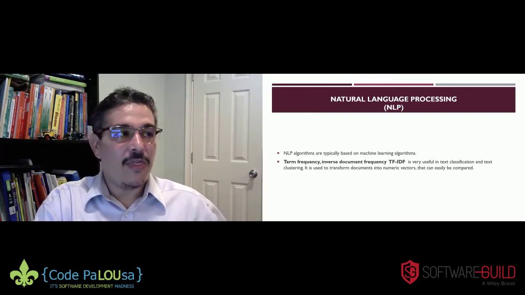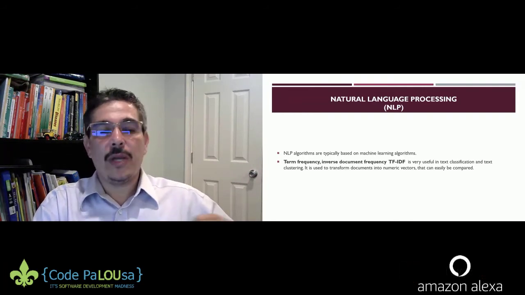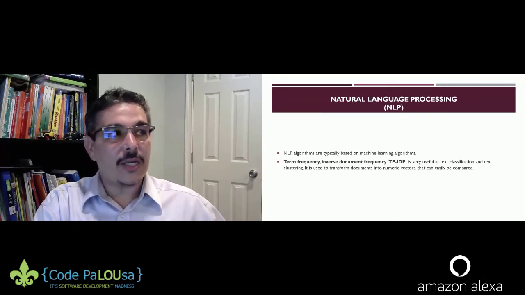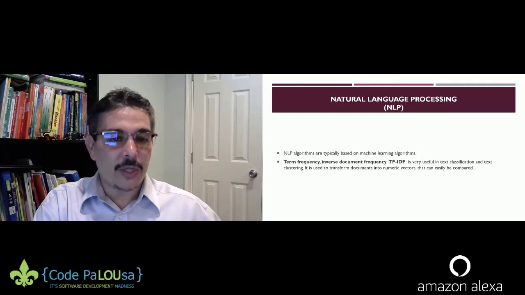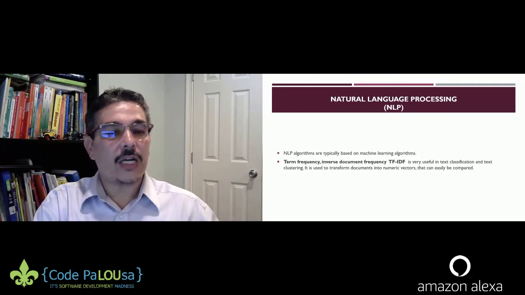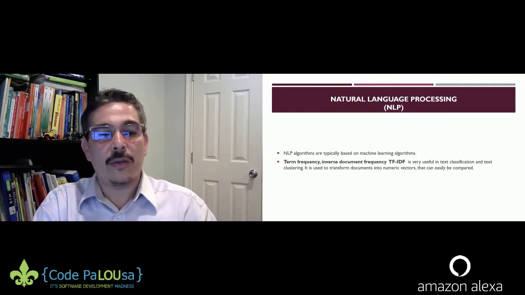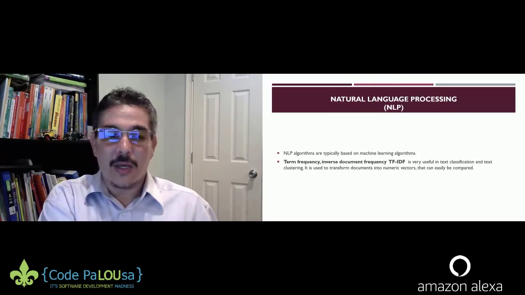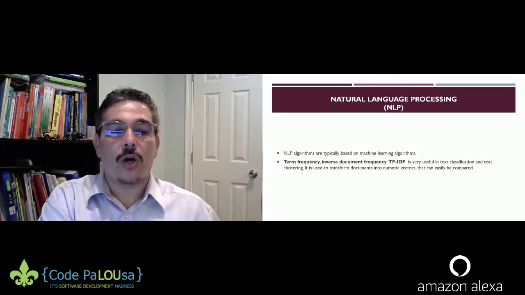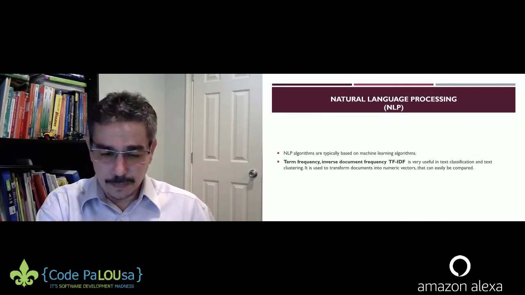So a word may be repeated thousands of times in one document, and it seems important, but if you compare it with another document, you will find this word is repeated there too, and with multiple documents. So the meaning of this word will be reduced.